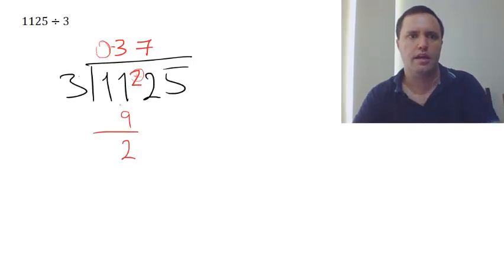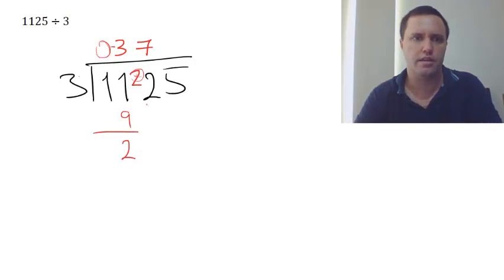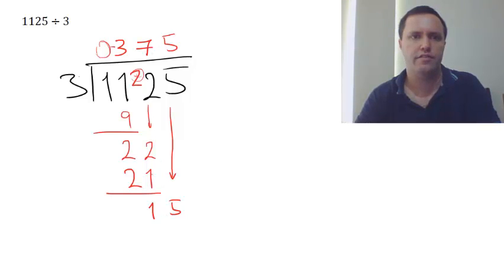Okay, and we carry the, that's right, there's our 2, carry that down there, there's our 22. 3 times 7 is 21. 22 minus 21 is 1. Bring the 5 down, 15. 3 into 15 is 5. And 3 times 5 is 15. 15 minus 15 is 0.